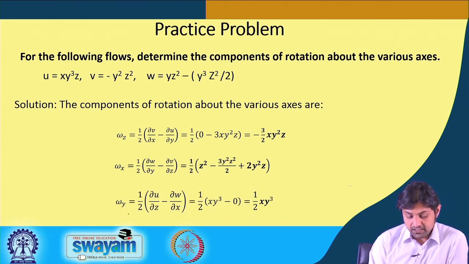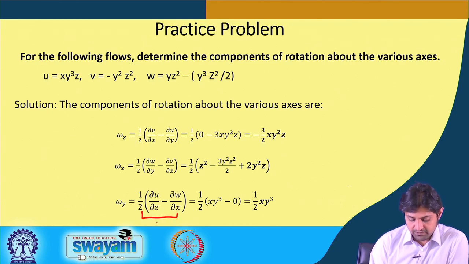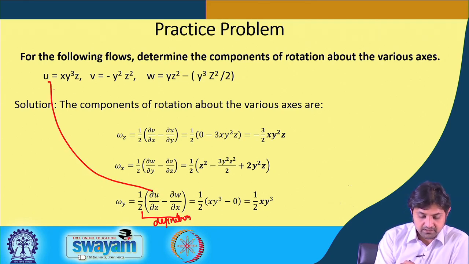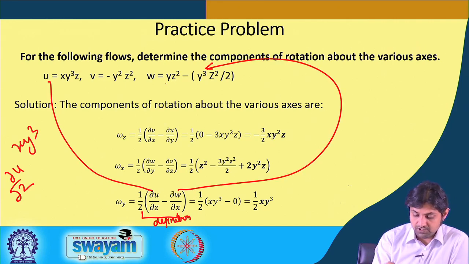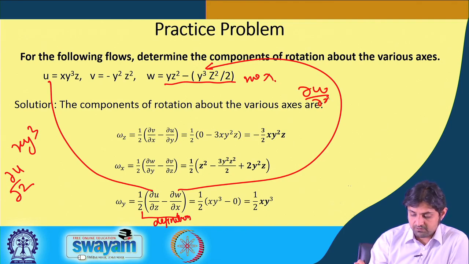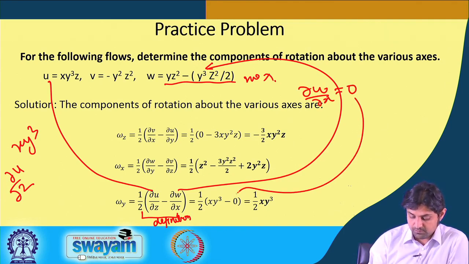Similarly, omega y will be half, this again is a definition. Now del u del z, so it will be xy cube, right, and del w del x, so there is no x here, so del w del x will be equal to 0, and this has been shown here.